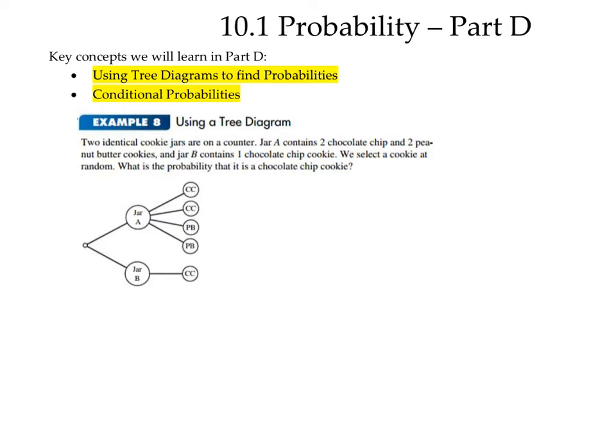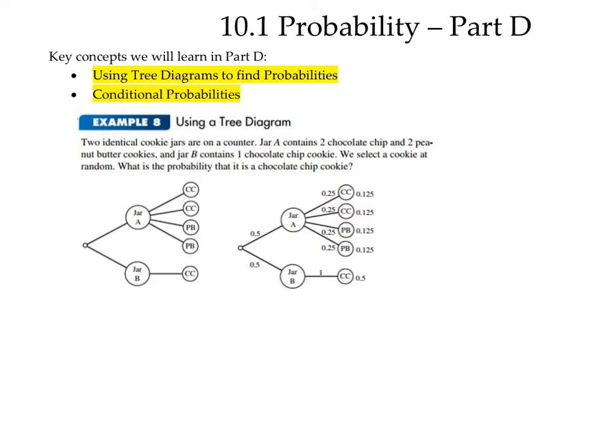You can fill in probabilities for each of the arms of this tree. For instance, choosing jar A or jar B, those are each 50%. Once I've chosen jar A, I have a 25% chance of getting each of the 4 cookies. And in jar B, I have a 100% chance of getting its cookie. Here is the chart with the probabilities filled in. To get the probabilities at the far right, we use the multiplicative principle of probabilities.